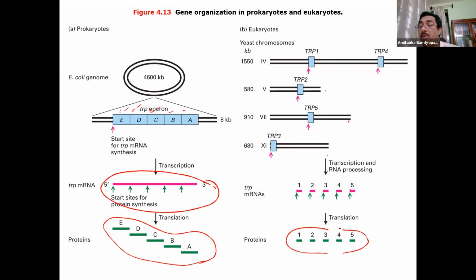Okay? So originally, when these enzymes were identified, the way they were identified is this: scientists know that if there are certain raw materials, certain starting components, then tryptophan can be made in the cell.